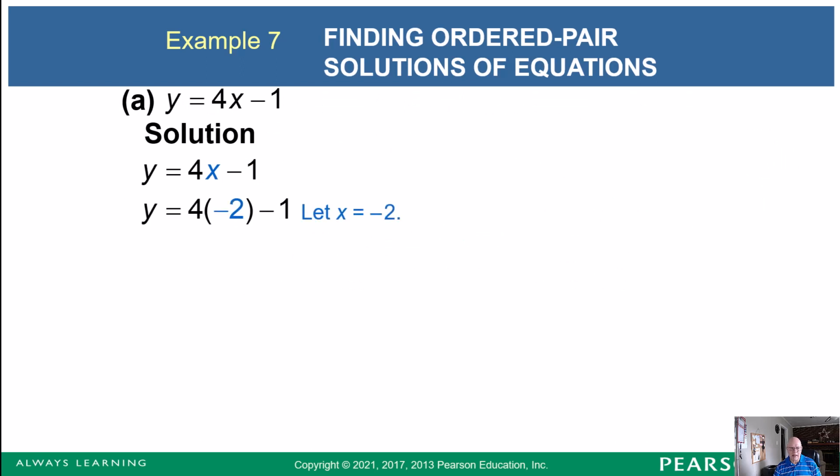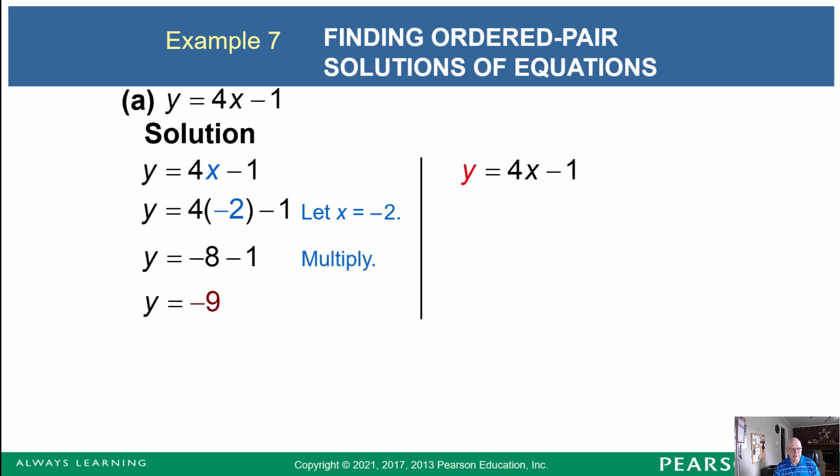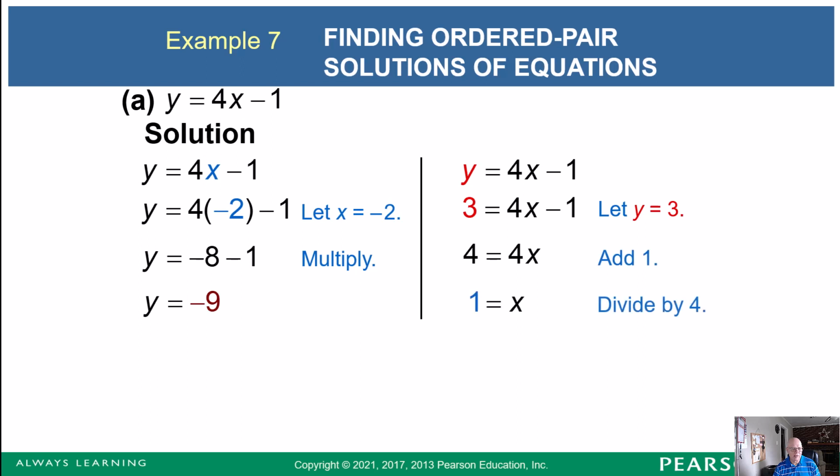The person who made these slides did it a little differently, but it's basically the same thing. You want 3 points. That gives you one point, negative 2, negative 9. For the second one, you're going to let the y be 3. You can figure out what x goes along with it.